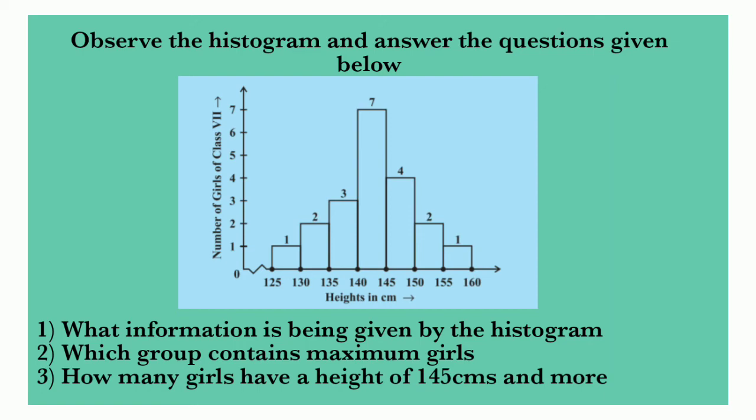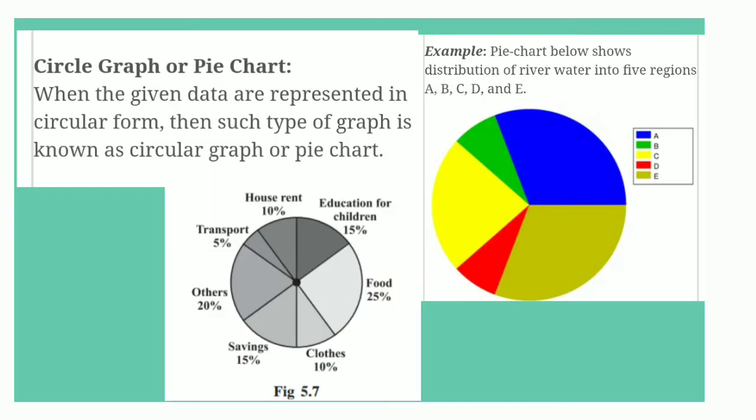Okay. The next one is visual representation of another kind of data, the circle graph or pie chart. What is meant by circle graph or pie chart? When the given data are represented in circular form, then such a type of graph is known as a circle graph or pie chart. So usually the given data we convert into degrees.